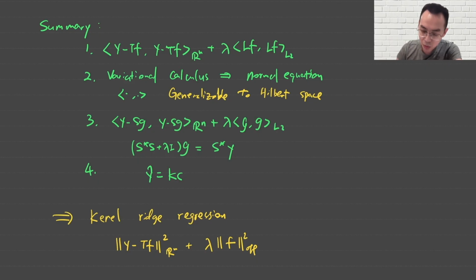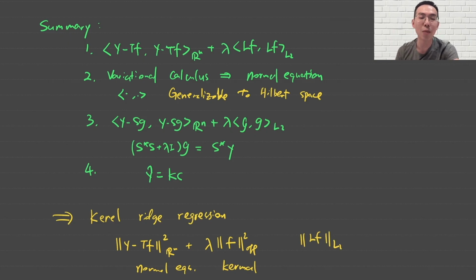From here, we can obtain the normal equation as well as the kernel formula for this general ridge regression problem. The Hilbert norm is in many cases the norm of L operating on f in L2, so that can be a good way to generate the Hilbert norm. But the important thing is that this equation is completely general, and we can obtain the same kernel formula for this problem, not specific to the smoothing spline.